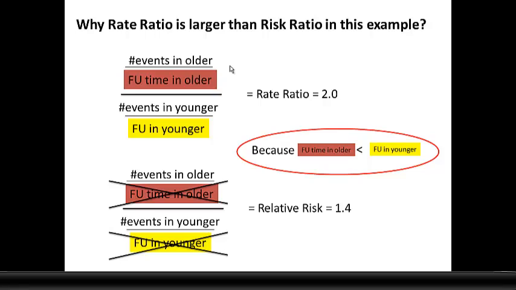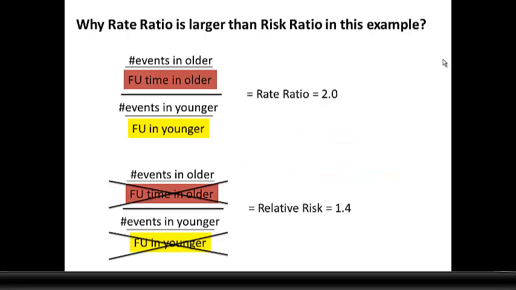But if you only follow up the older population for 1 year and you follow up the younger population for 5 years, the same number of events reflects a totally different frequency of events. So in that case, the rate in the older population becomes 5 times larger. And that makes sense, right? The same number, 100 events occurring in 1 year versus 100 events occurring in 5 years.